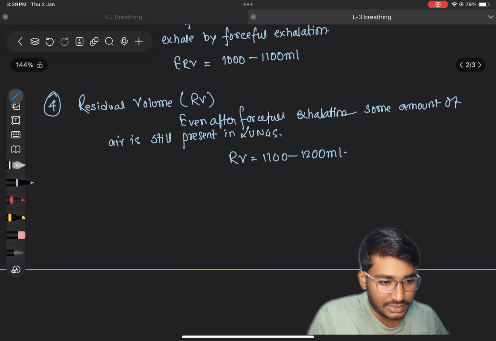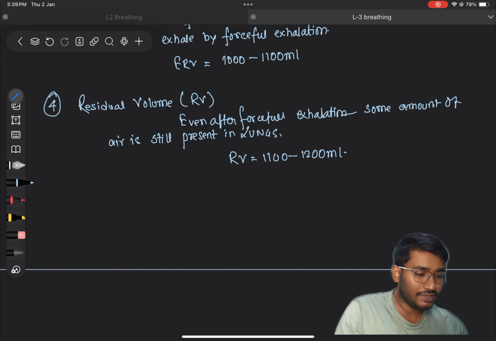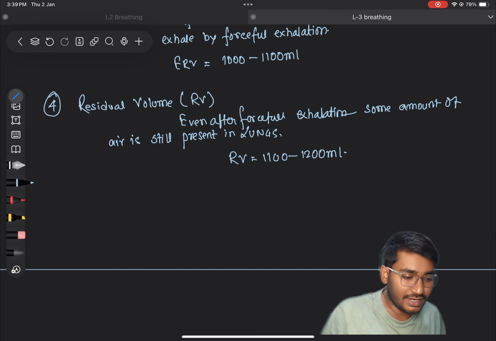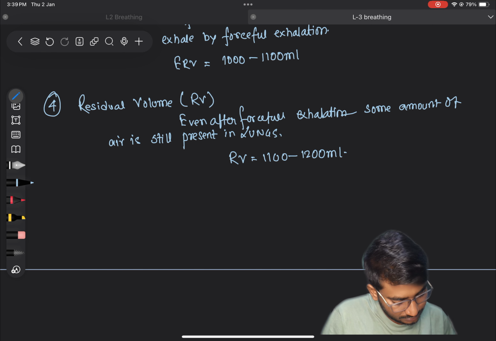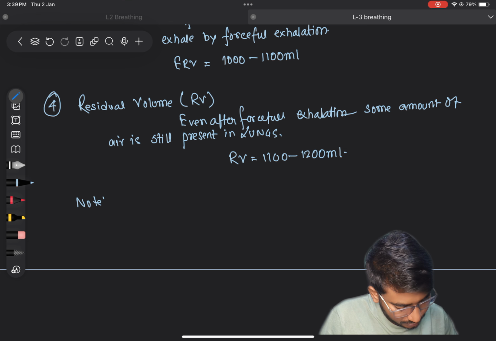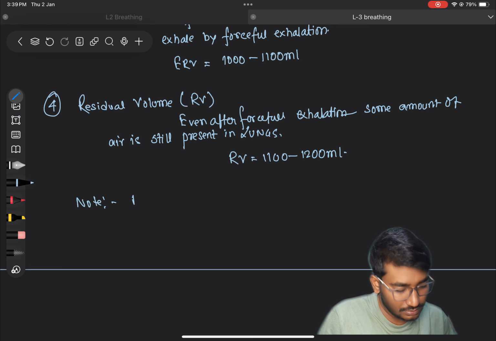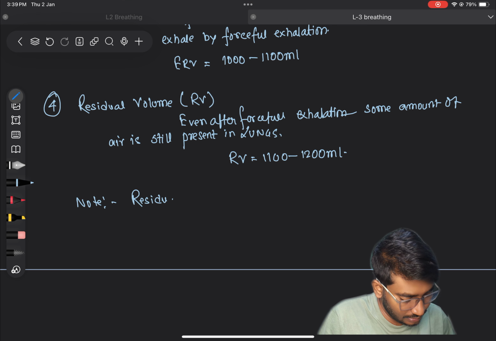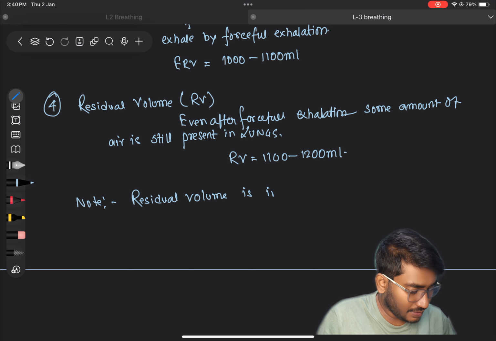Note it. Residual volume is important to prevent lung collapse. Note this is a clinical feature.